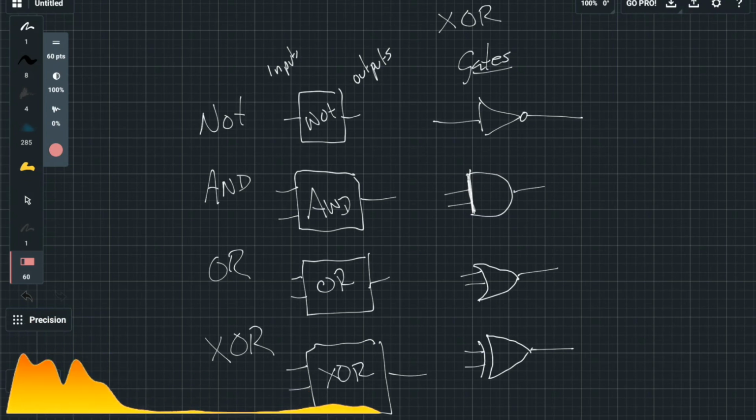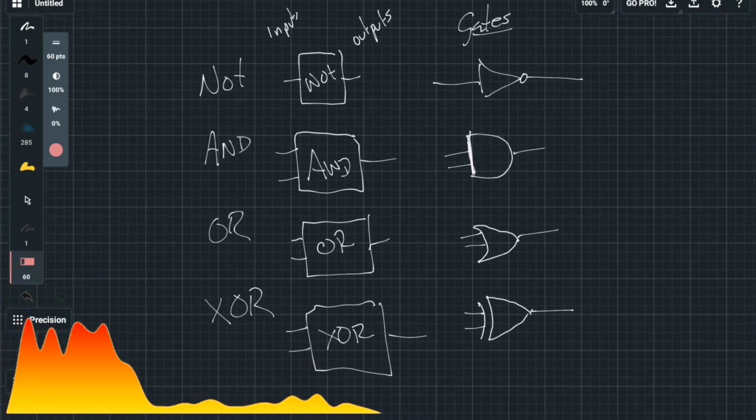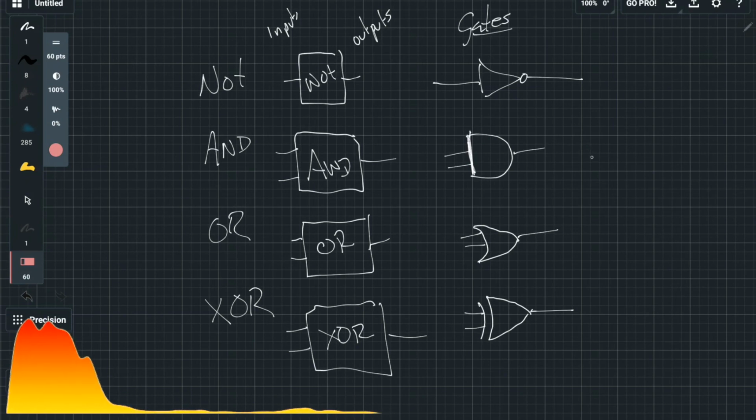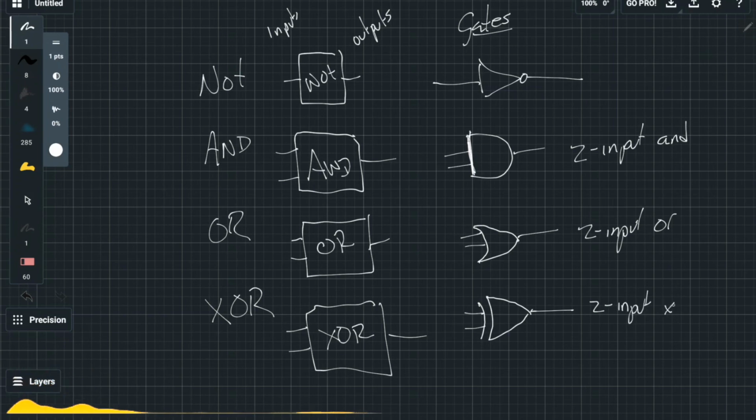The other thing I'll mention is that there are variations of these. So, for example, what I've just drawn here is called a 2-input AND. This is a 2-input OR, of course, a 2-input XOR, exclusive OR.